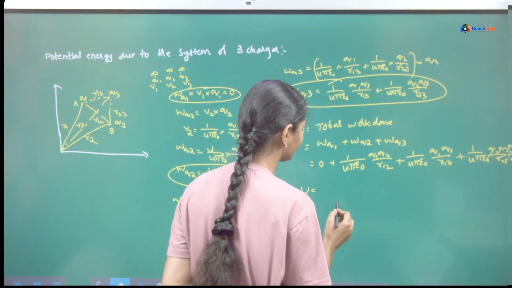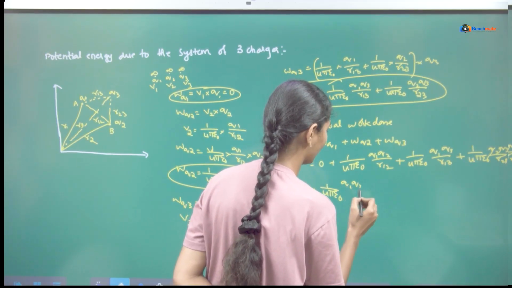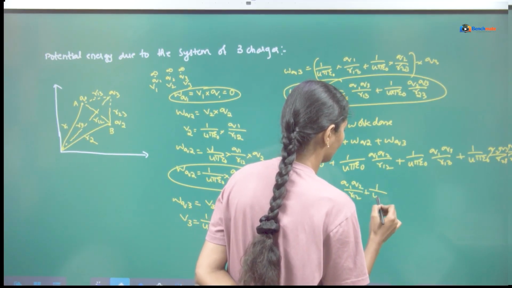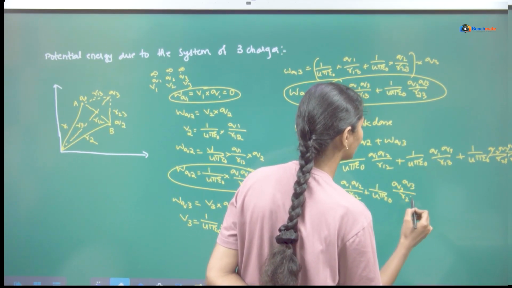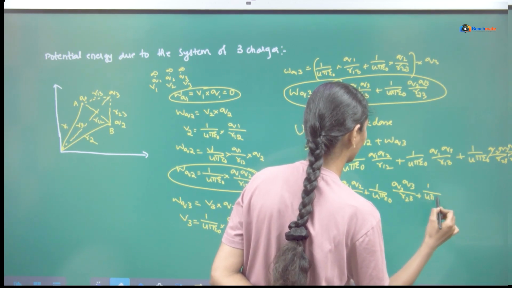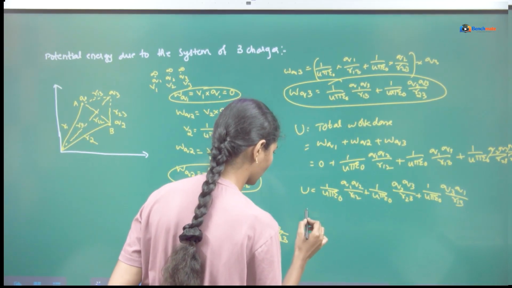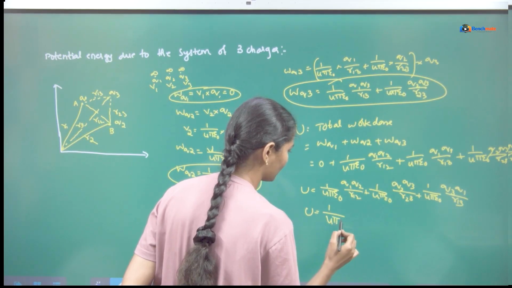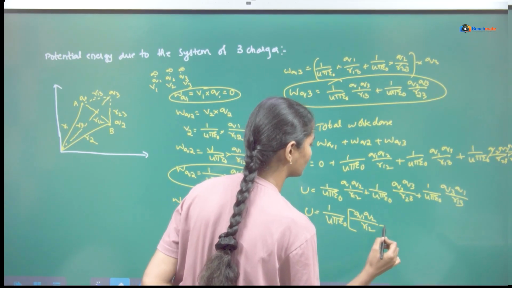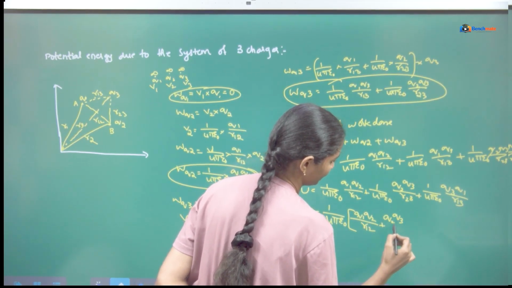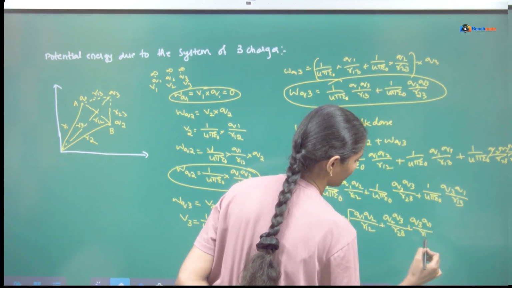So U equals 1 by 4 pi epsilon naught Q1 Q2 by R12, plus 1 by 4 pi epsilon naught Q2 Q3 by R23, plus 1 by 4 pi epsilon naught Q3 Q1 by R13. 1 by 4 pi epsilon naught is common, so write it outside and open the bracket: Q1 Q2 by R12, plus Q2 Q3 by R23, plus Q3 Q1 by R13.